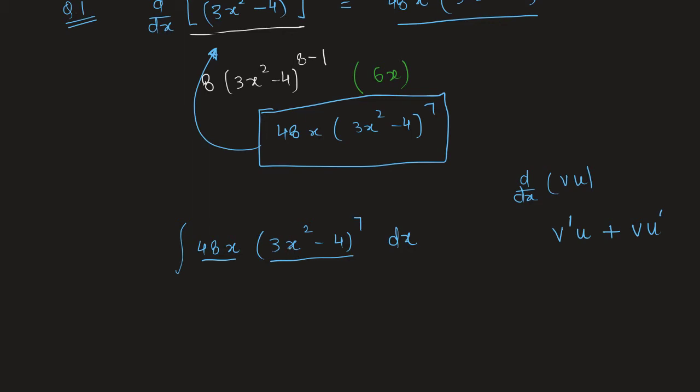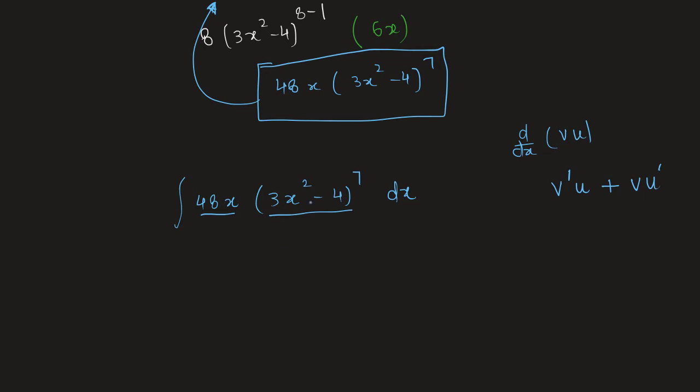Okay, now over here, let's suppose I consider this whole 3x square minus 4 as my function, a new function. I can name it d, t or u, whatever you want. For convenience, we'll write this as t.